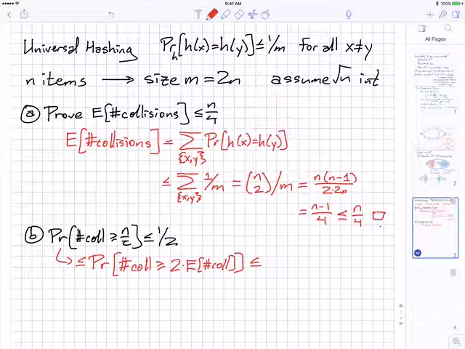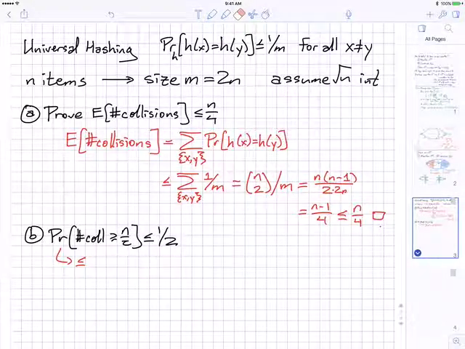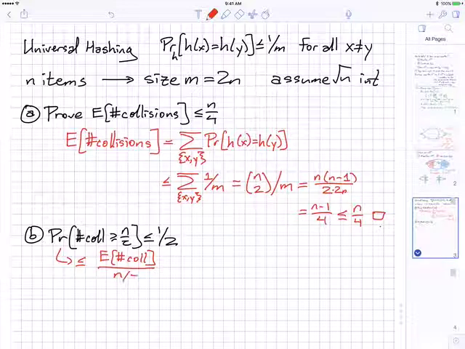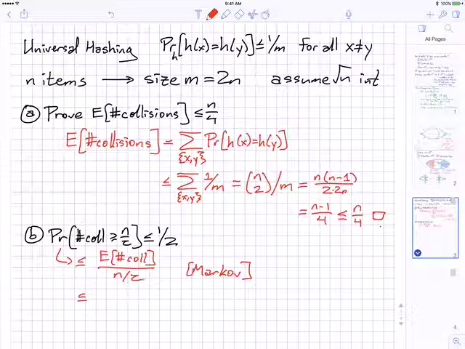actually, let me do this a bit more directly from Markov. I can write this as the expected number of collisions divided by n over 2. This is just Markov, which is by the previous argument at most n over 4 over n over 2, which is 1/2.